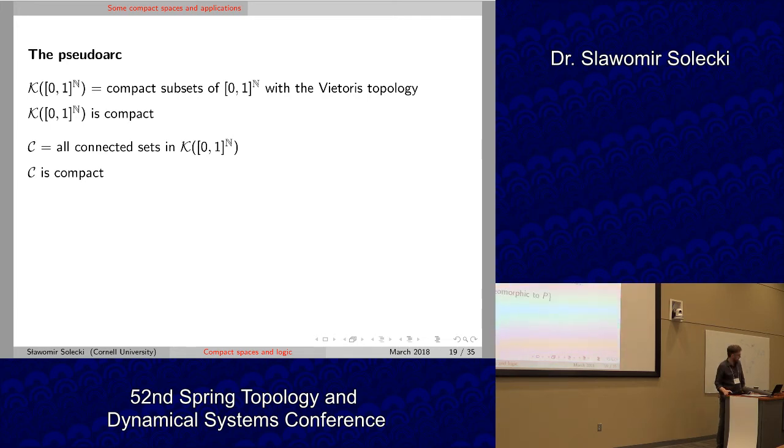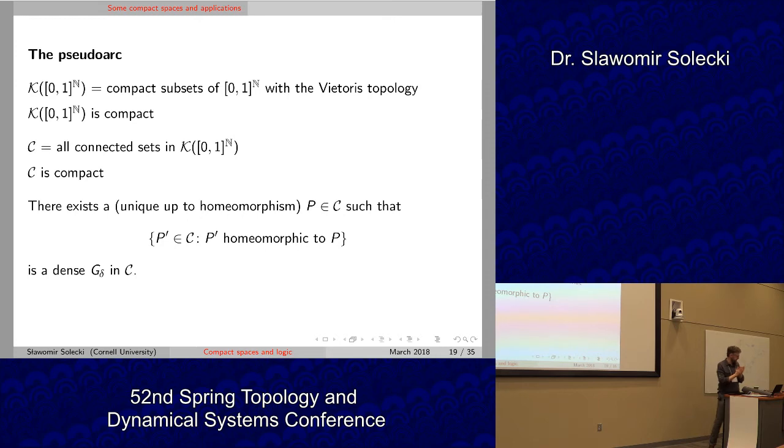And then it turns out something quite stunning, and this was to me when I first saw it: there exists a unique element P in C with the property that if I take all its homeomorphic copies, P', with P' homeomorphic to P, this is a dense G-delta subset of C. So topologically, almost every element of C is P.